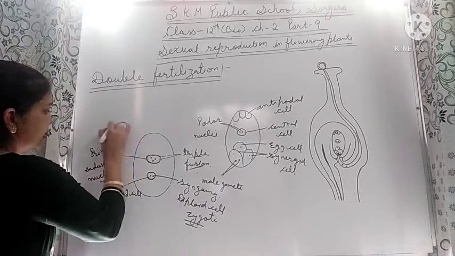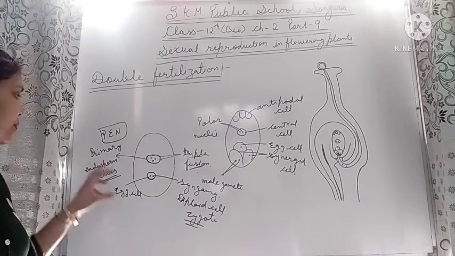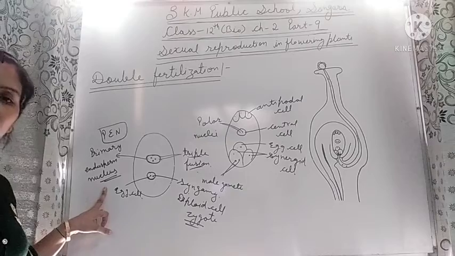The short form of this is PEN. Primary endosperm nucleus is formed.